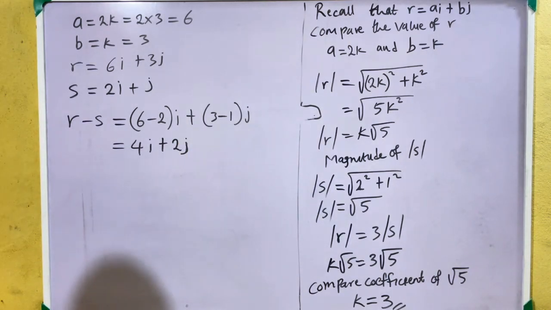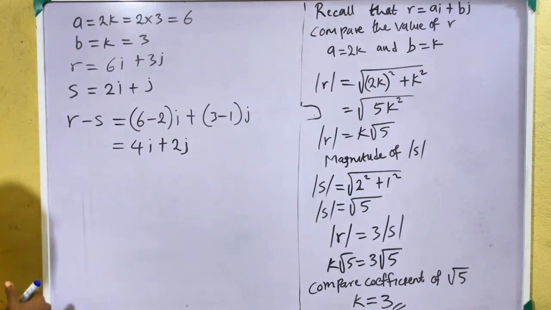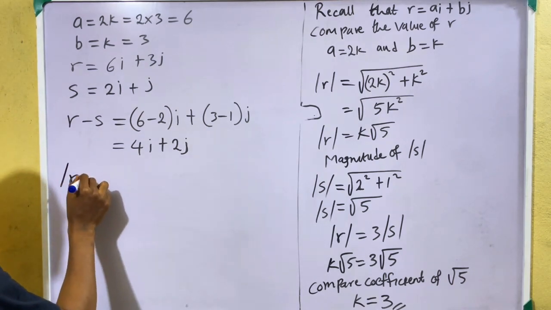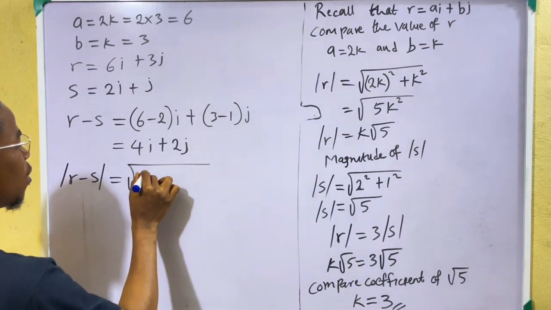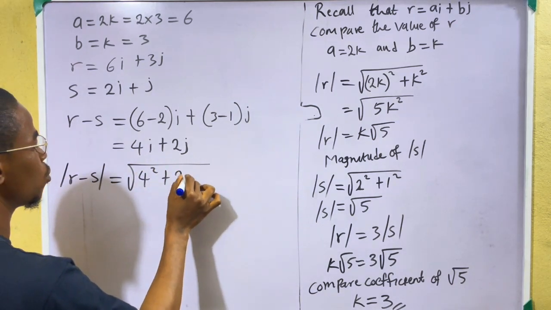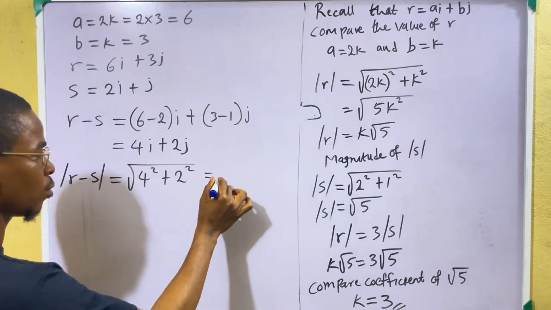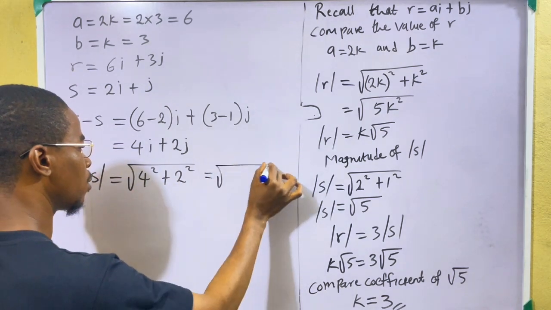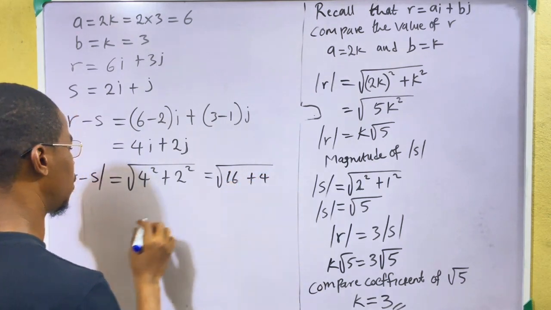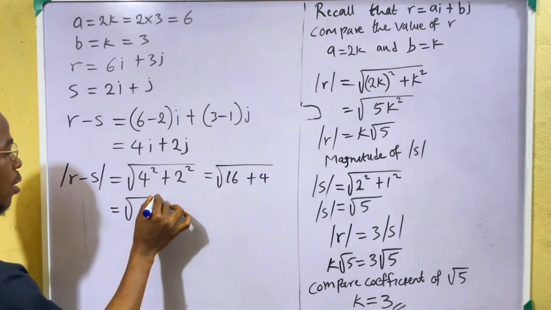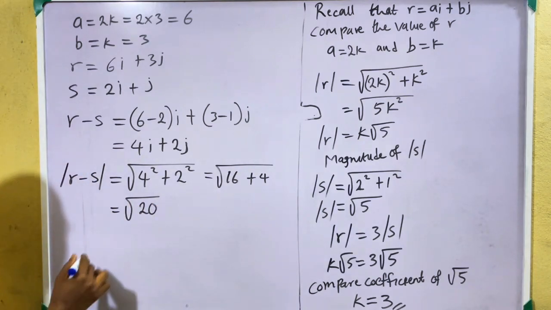Now with that done, we also have to find the magnitude of this. So the magnitude of R minus S is equal to the square root of 4 square plus 2 square, which is equal to the square root of 16 plus 4, so the square root of 20.